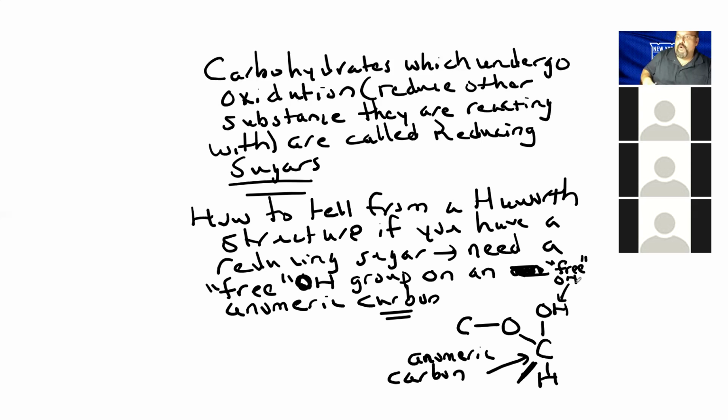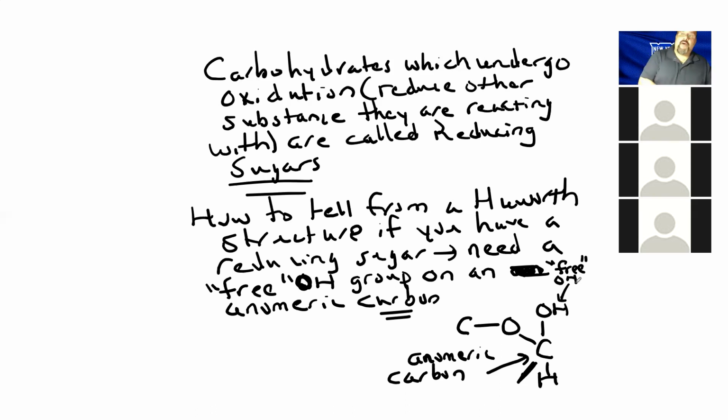Remember, even for fructose, when you look at the Haworth structure of fructose, even though fructose is a ketohexose, you notice that you have a free OH on the anomeric carbon. It reflects the fact that fructose is a reducing sugar. It does a structural rearrangement to convert the ketone into an aldehyde.